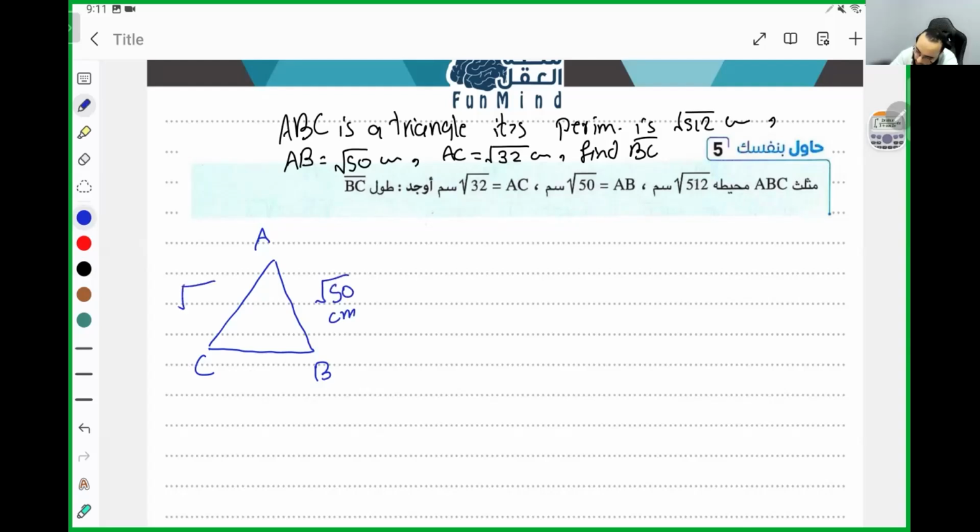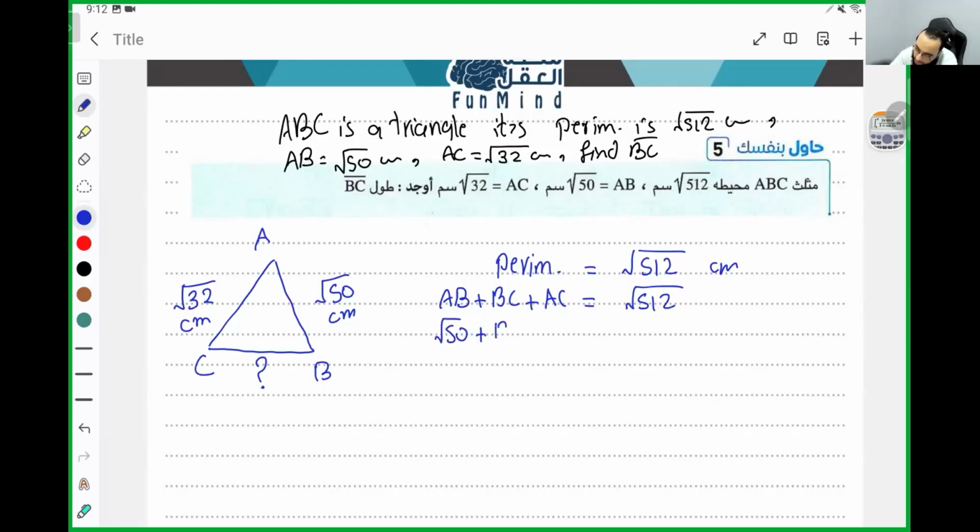AC root 32. BC is unknown. The perimeter, which is root 512, equals AB plus BC plus AC. It's the same. It's an equation. Flip them to the other hand side with an inverse sign.